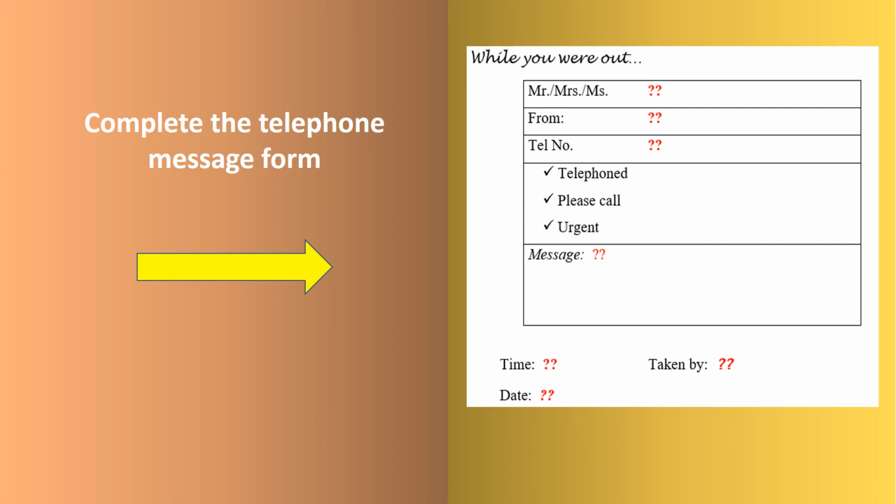So see if you can put in the correct information on this telephone message form based on exercise 1. Feel free to go back to exercise 1 if you have not already written down the important information.